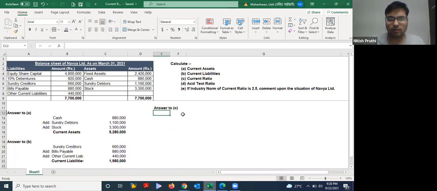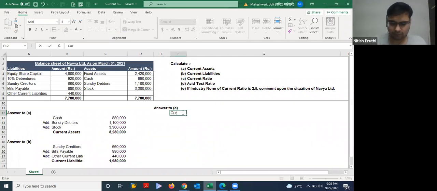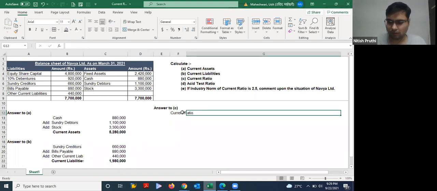So current ratio is current assets upon current liabilities, right? Current ratio, current assets divided by current liabilities.